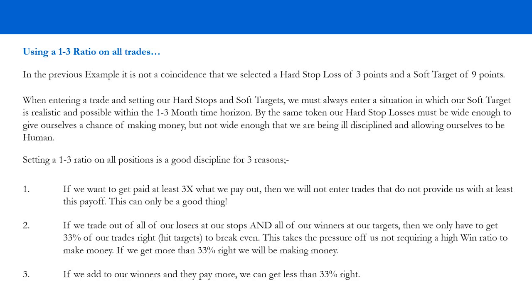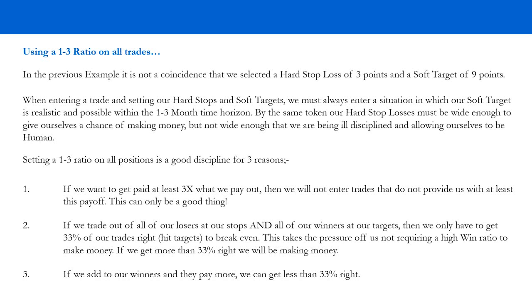So our entry at 130, our hard stop loss at 133, and our soft target of 121. And that's not an accident, because when we look at euro dollar volatility, these look like sensible levels over a 1 to 3 month time horizon.